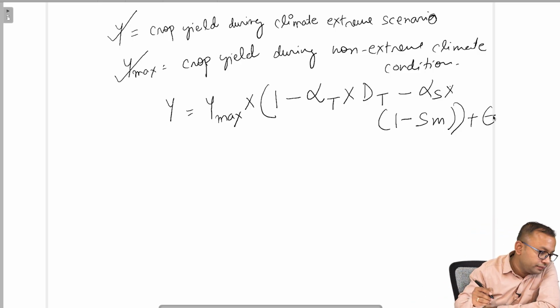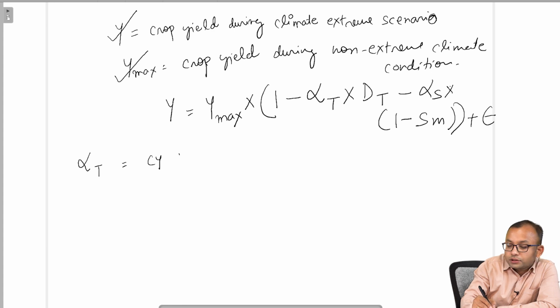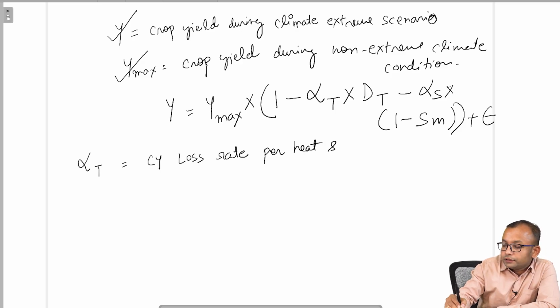Now, what is alpha t? Alpha t is basically, we can say, the crop yield loss rate per heat stress condition days.